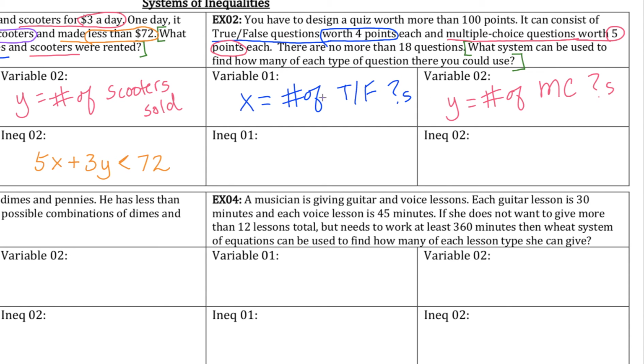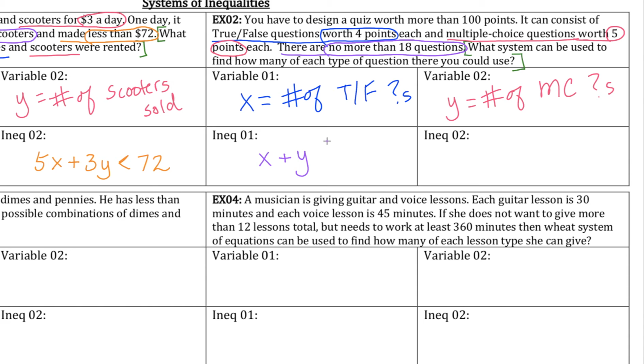I just like to take the one that talks about the X and Y first. So there are no more than 18 questions. If we combine the number of true false and the number of multiple choice, it's no more than 18.